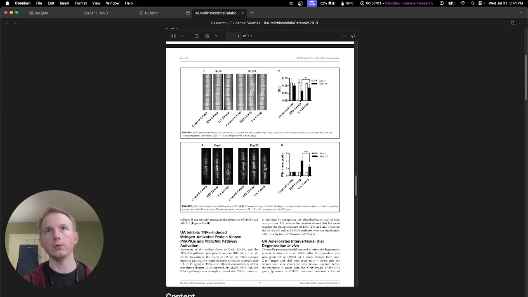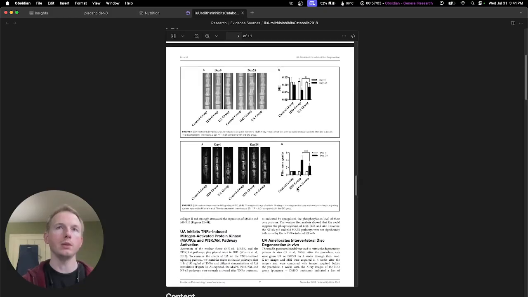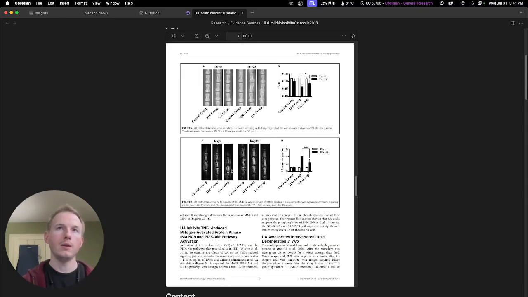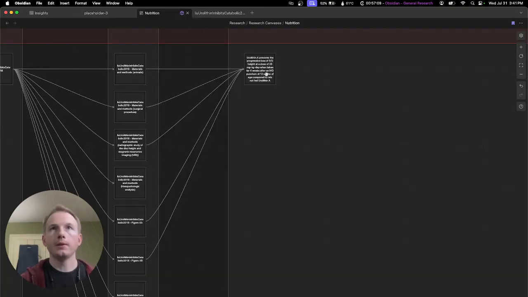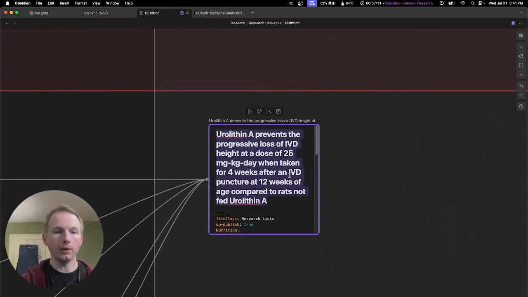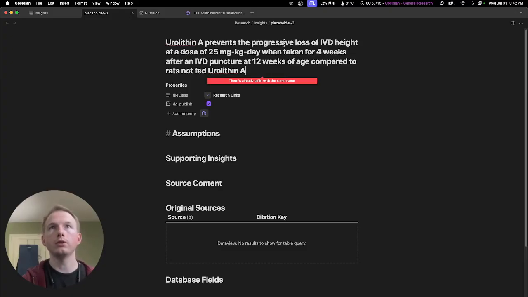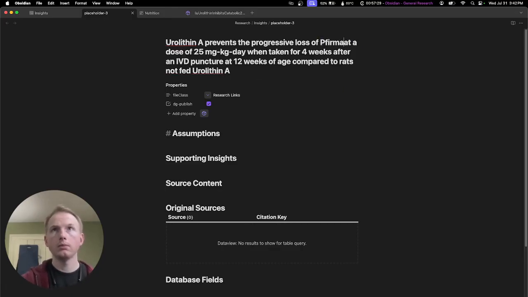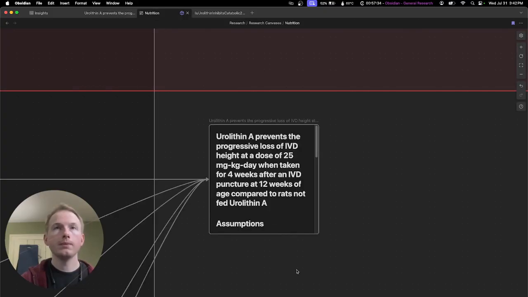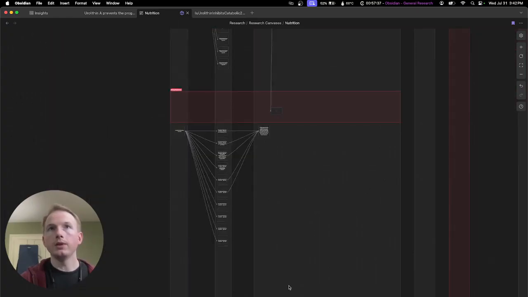All right, so I can make a similar insight about Pfirrmann grades. Let's see, what I can do is basically copy this and create a separate insight: prevents the progressive... It's not a loss of Pfirrmann grade, but again, let me come back to see how I've done it before.